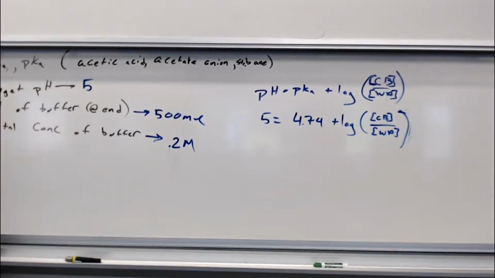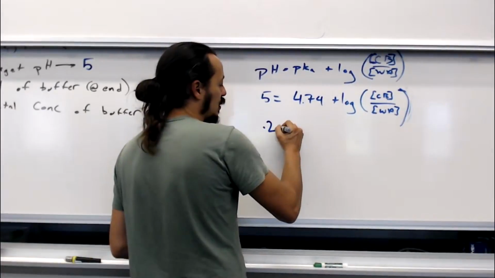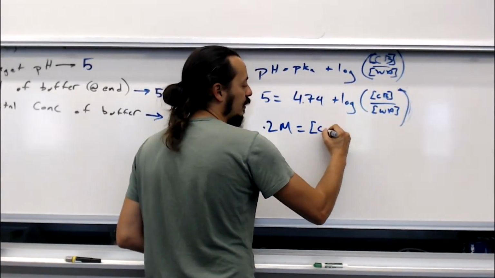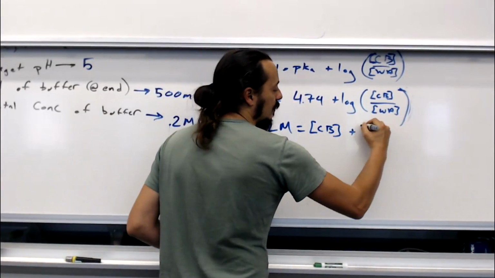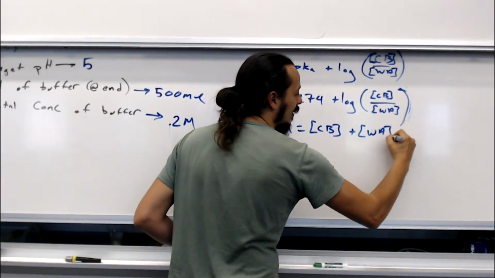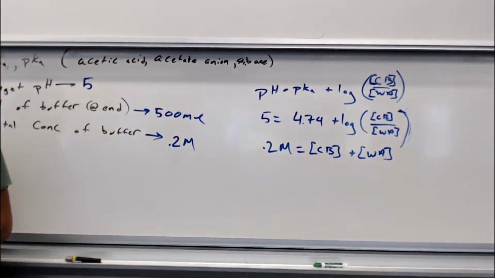We can solve for the ratio of conjugate base to weak acid. And then we can also use the fact that we know 0.2 molarity is equal to the concentration of conjugate base plus the concentration of weak acid. And we can essentially do 2 equations, 2 unknowns.